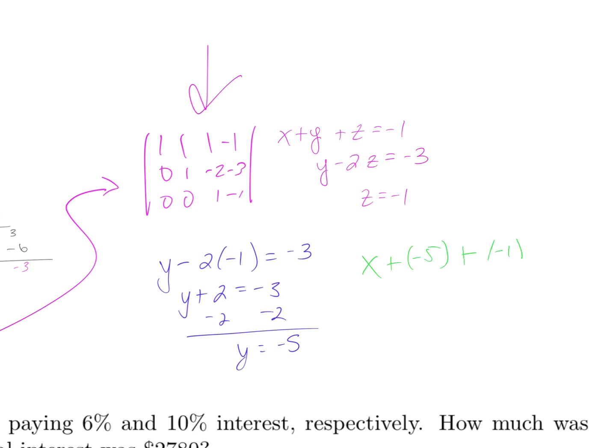Plus a negative 1 equals negative 1. So x what? Minus 6 equals negative 1. I'm going to add 6 to both sides, and x equals what? 5. So your ordered triple would be 5, comma, negative 5, comma, negative 1.